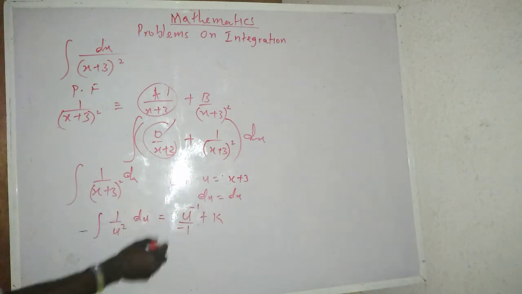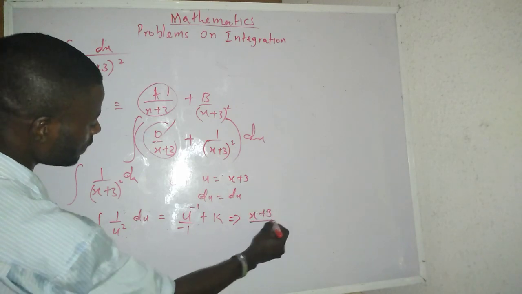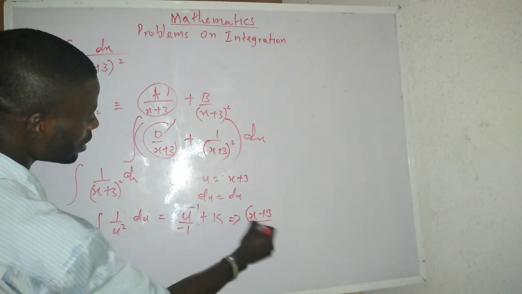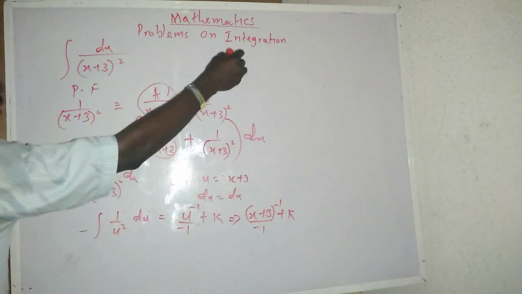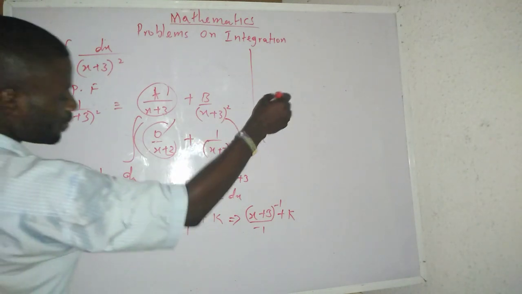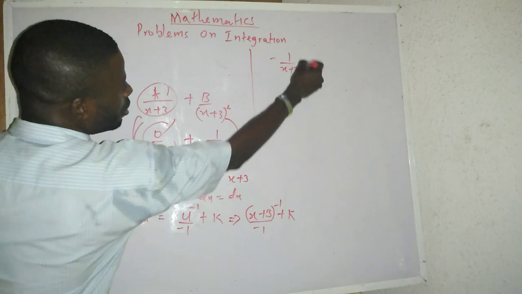What is my u? My u is x plus 3. My final answer will be minus 1 all over x plus 3 plus k.